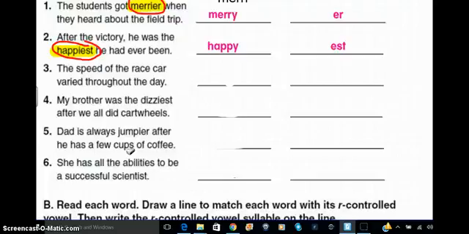Number 5, Dad is always jumpier after he has a few cups of coffee. Dad is always jumpier after he has a few cups of coffee. 6, she has all the abilities to be a successful scientist. She has all the abilities to be a successful scientist.